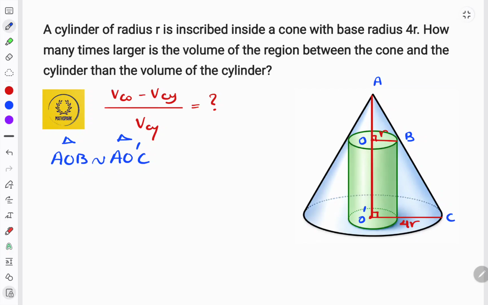And I'm going to use this similarity to write the ratio of corresponding sides.